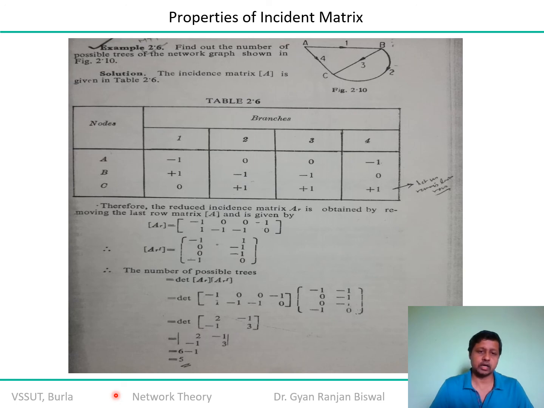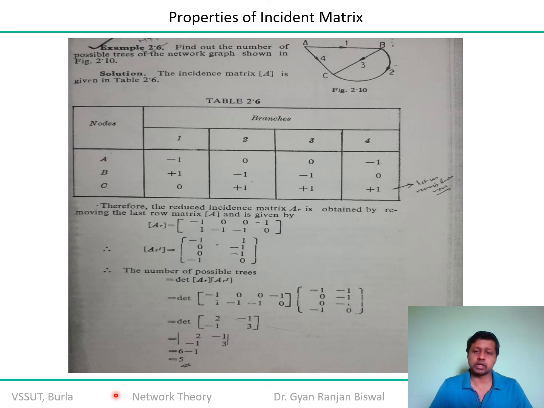So A of R is a 4 cross 2 matrix, and A of R transpose will be 2 cross 4, the reverse. The number of possible trees that can be constructed is the determinant of the product of the reduced order incidence matrix and its transpose.